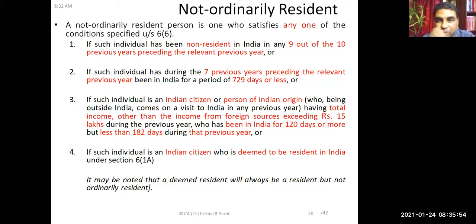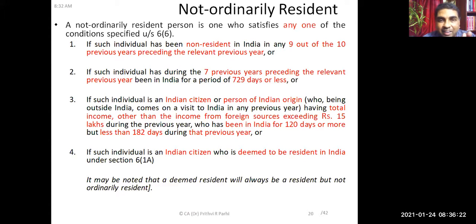But here it talks about 9 out of 10 previous years preceding the relevant previous year. That means prior to 2021, the relevant previous year, we have to proceed for how many previous years? 10 preceding previous years. Are you getting?